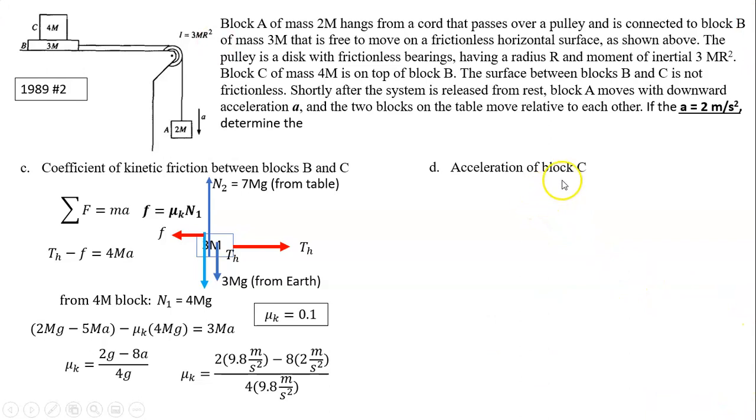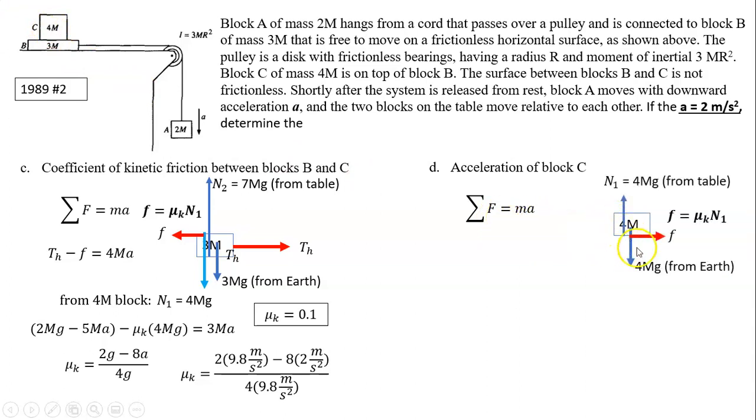Last part, what is the acceleration of block C? Block C is 4m. So again, F equals ma, and let's investigate forces on the 4m. You have the normal force from 3m that's supporting it, which equals 4mg and balances gravity from the Earth.